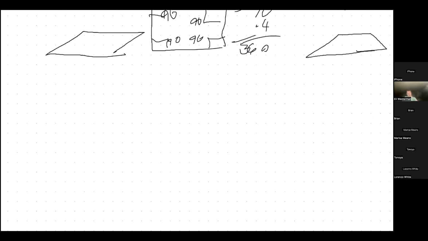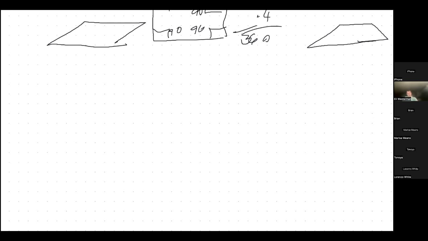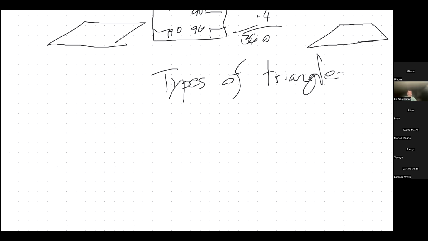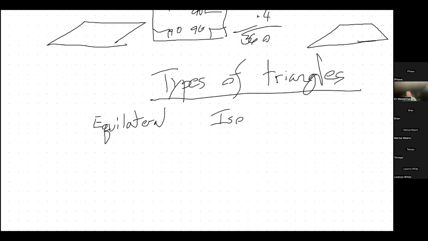Let's talk about types of triangles. Well, what do we have here? We have three kinds of triangles. We have equilateral, we have isosceles, and we have scalene.